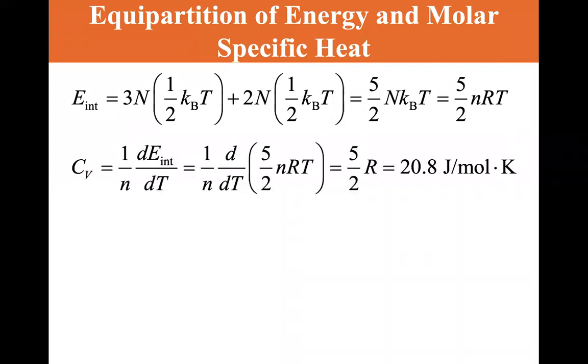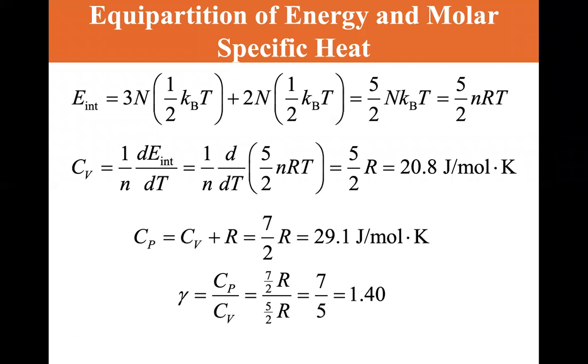Now if we substitute that 5/2 NRT into CV equals 1/n dE internal over dT, we get that CV is equal to 5/2 R, which is 20.8 joules per mole per Kelvin. And CP, which is equal to CV plus R, ends up being 7/2 R, which is 29.1 joules per mole per Kelvin.